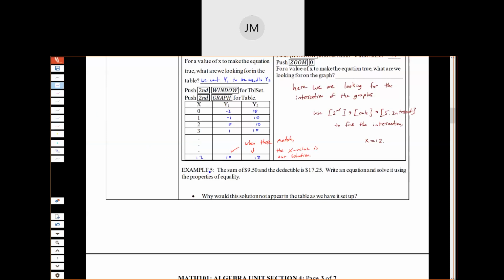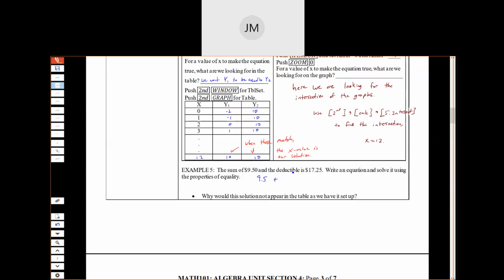Okay, here's our example. The sum of $9.50 and the deductible is $17.25. Okay, so write an equation and solve it using the properties of equality. So sum of means adding. So I have this first thing.